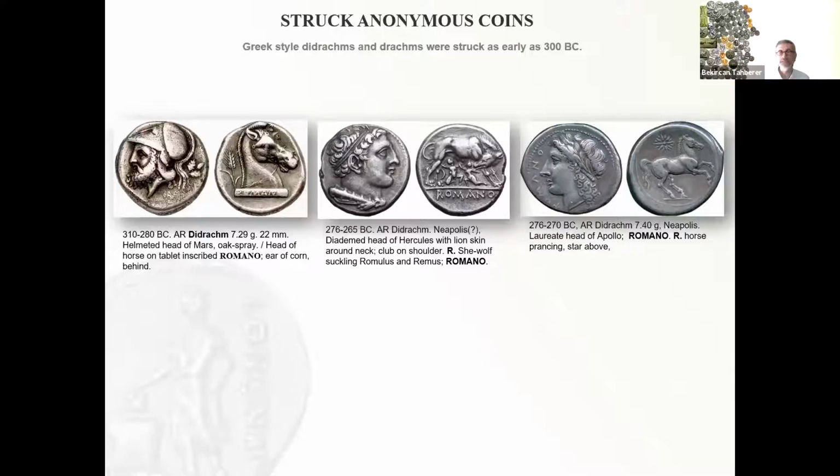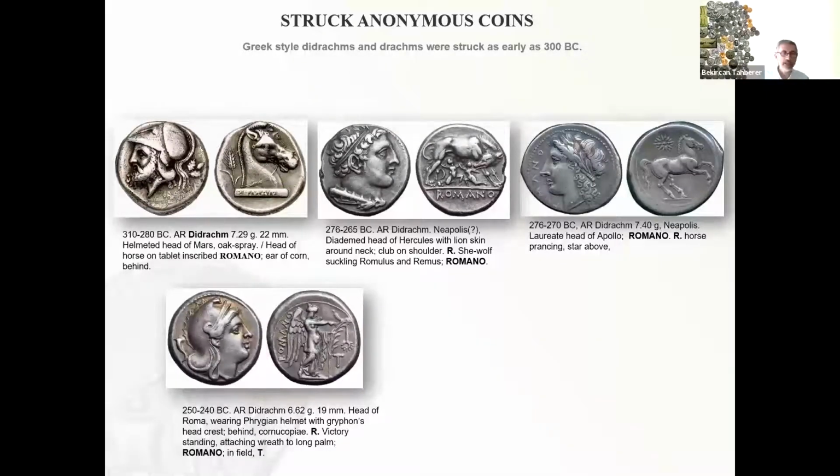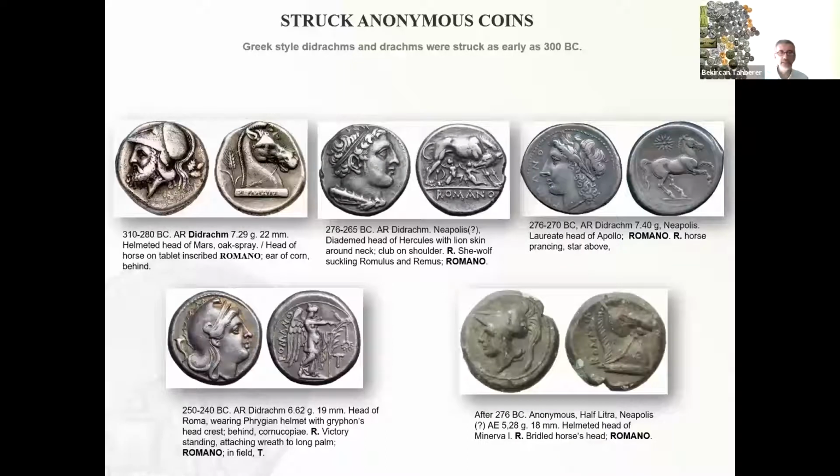Obviously, they simply thank Carthage for their support during their wars during the Pyrrhic War. And they have other examples of the Greek style drachms, and bronze was also introduced at the same time.